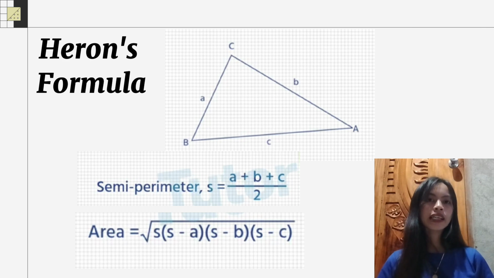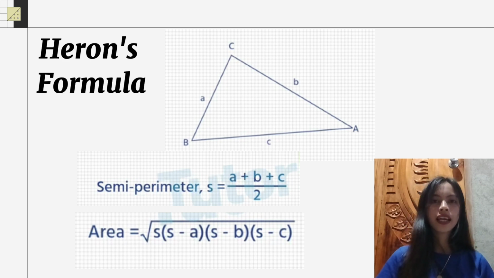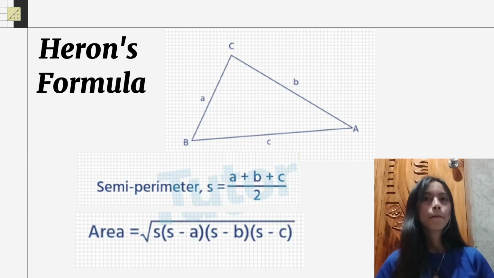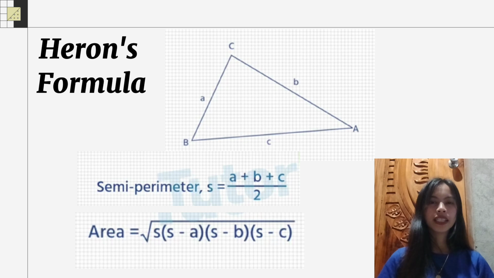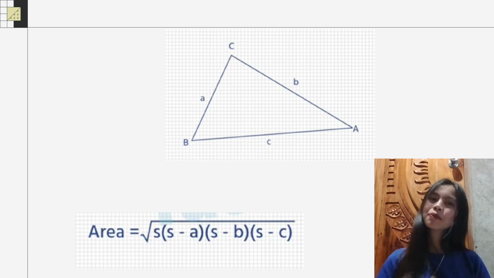The area is equal to the root of s times s minus side a times s minus side b times s minus side c. With this, you only need to know the measures of the 3 sides, which will give you the semi-perimeter of the triangle. And by substituting all these values in the given formula, we have the area of a triangle. Simple enough.